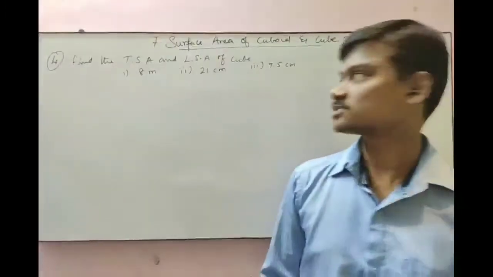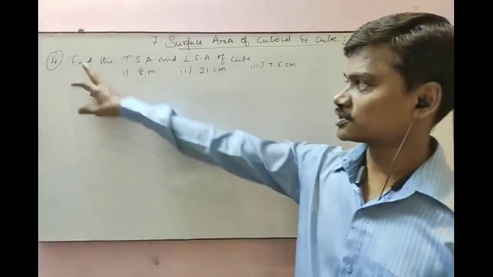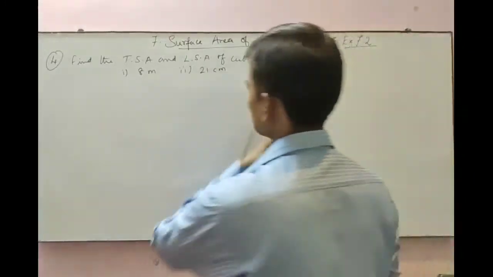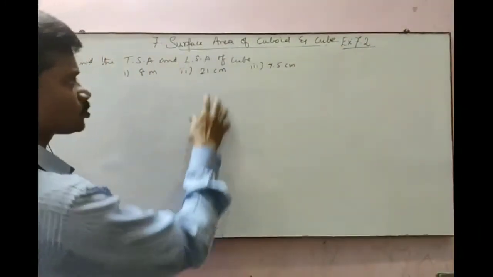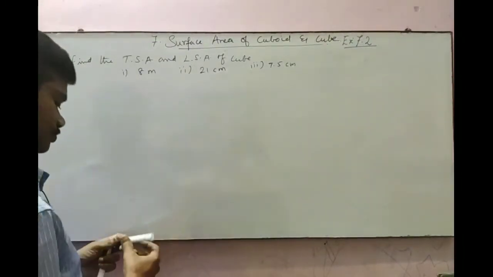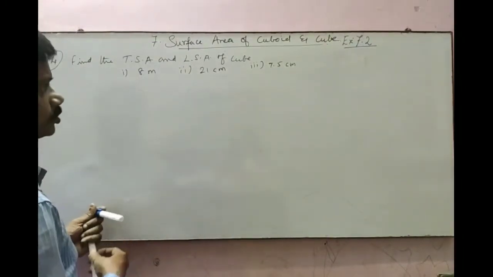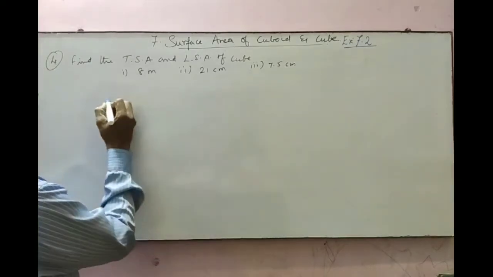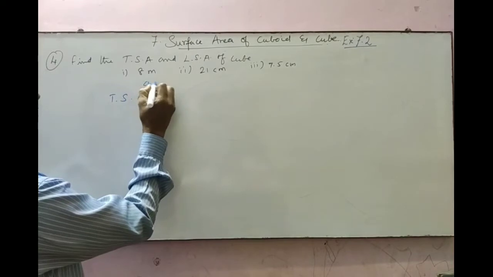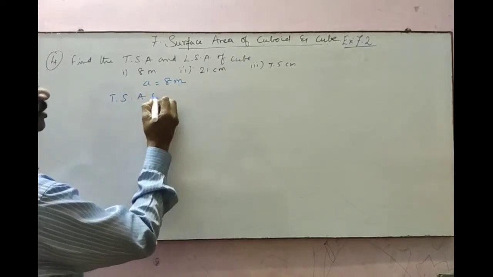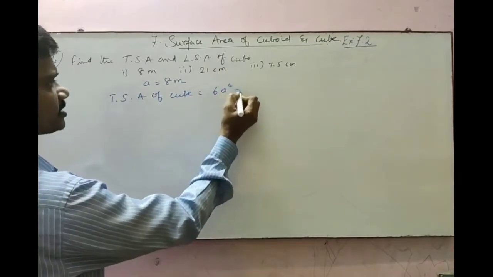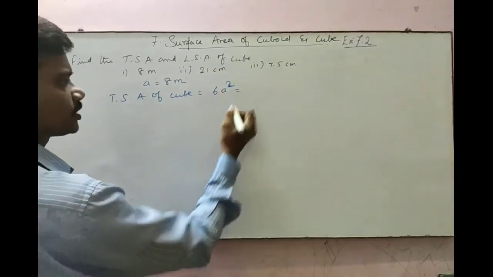So we are going to do the sums in cube. The fourth sum is find the TSA and LSA of cube. Here we have 3 subdivisions. One is 8 meter, the second one is 21 centimeter and the third is 7.5 centimeter. So I'm going to do one sum. You do the remaining two sums as homework. In the first sum, I'm going to find the TSA. Here the value of A is given as 8 meter. What is the formula for finding the TSA of cube? 6A square units.